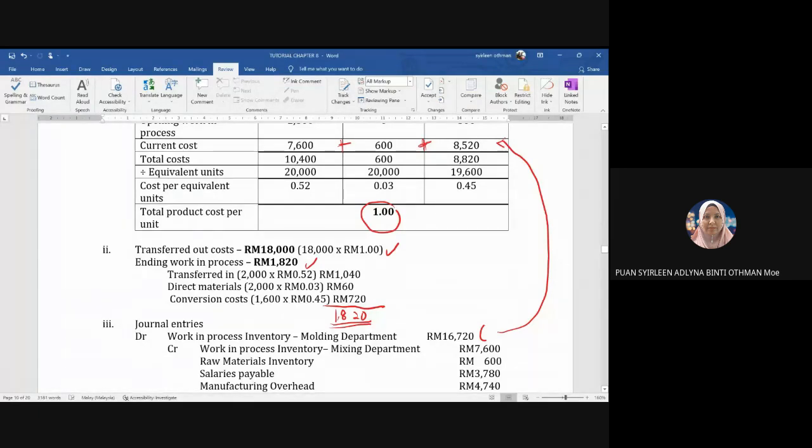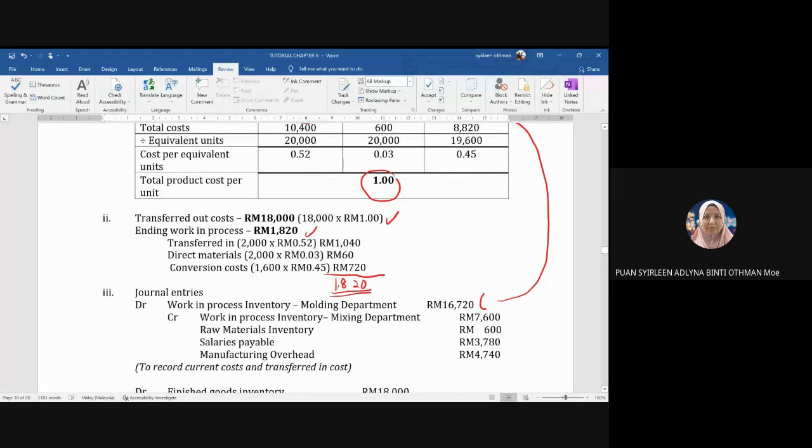Okay, so 7,600 ni ialah work in process inventory from mixing department sebab dia transfer in cost, right? Okay, lepas tu kita ada raw materials, salaries and manufacturing overhead. Sekejap. Salaries and manufacturing overhead, they are given separately.